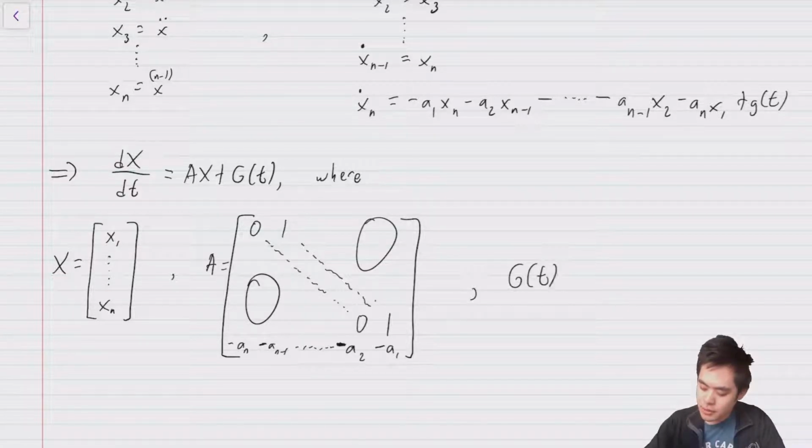And g of t is going to be a column vector with zeros, except in the very last entry where you have the little g of t.